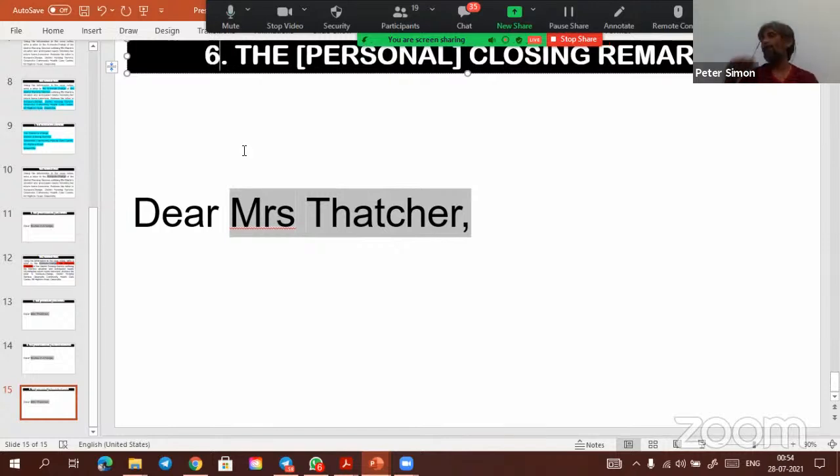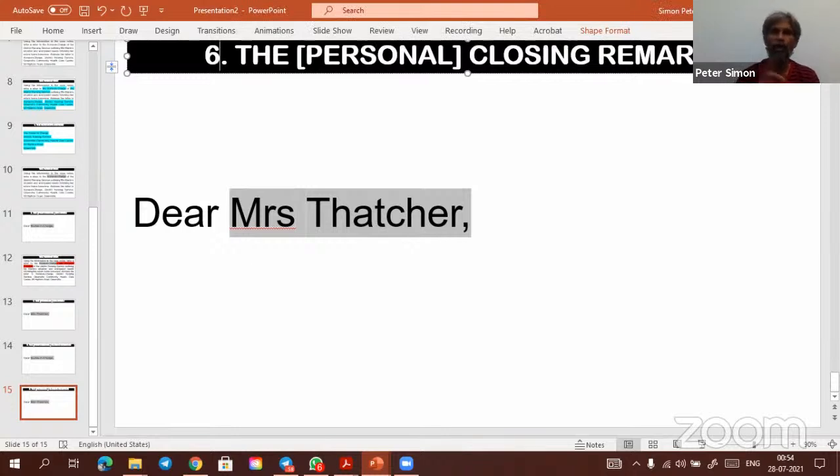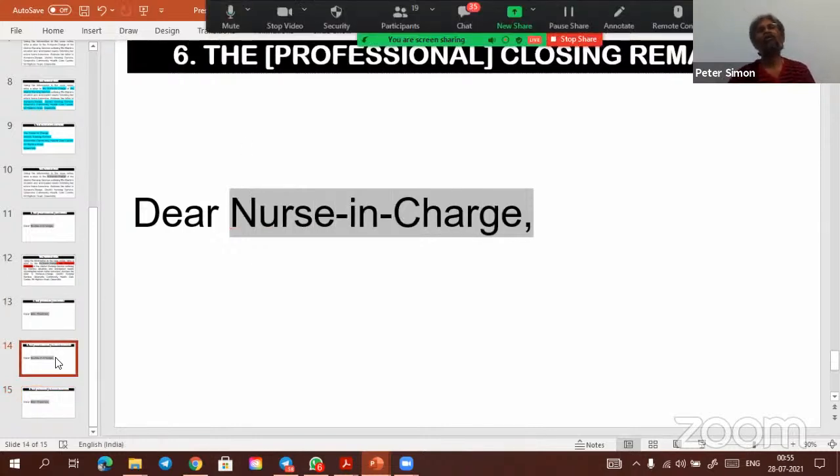So 3 and 6 have a relation. Remember that. When you name the person, you will have a different one. And when you name the profession, you will have a different closing remark.